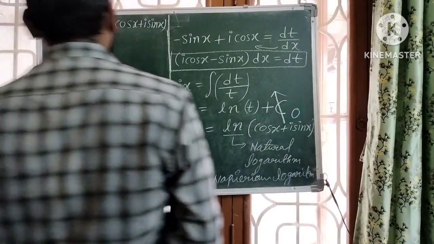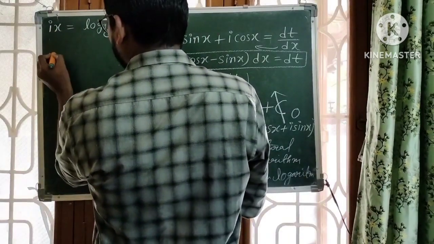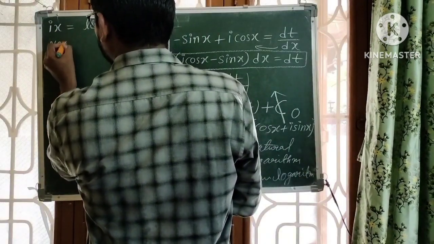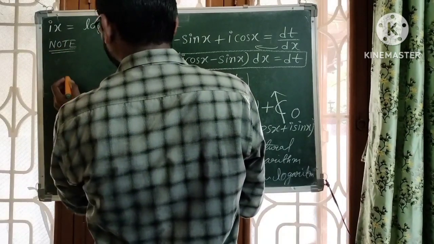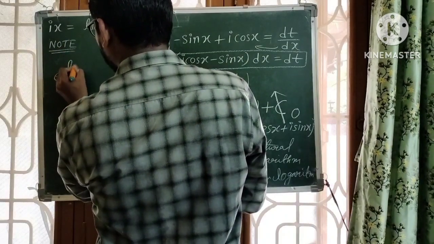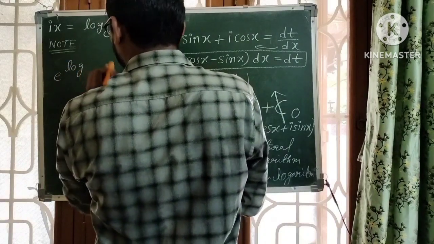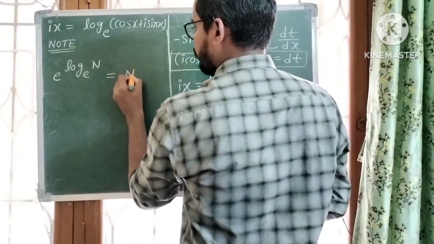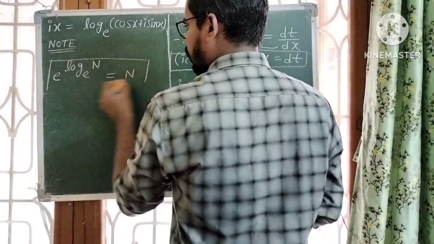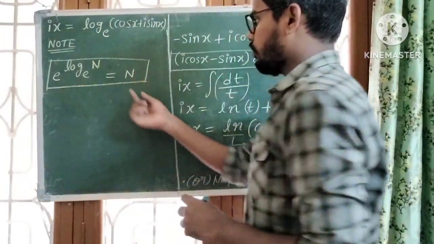Next, we know that in logarithms we have a formula, and remember this formula, it is very important. e power log n to the base e is equal to n.